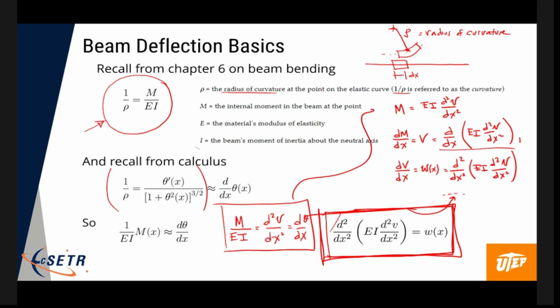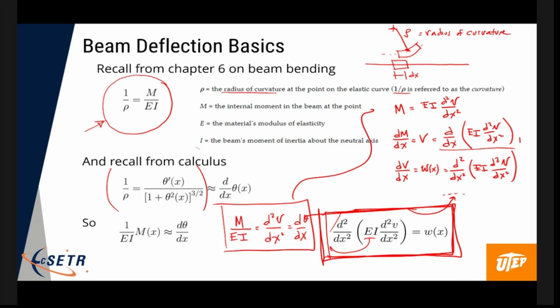If E and I are constant, you can just see the EI would come out. But technically, if E and I change along the length of the beam, you have to take the second derivative of those. But most often this is constant. It's a linear differential equation, but it is fourth order. So you could actually integrate 4 times and get v.